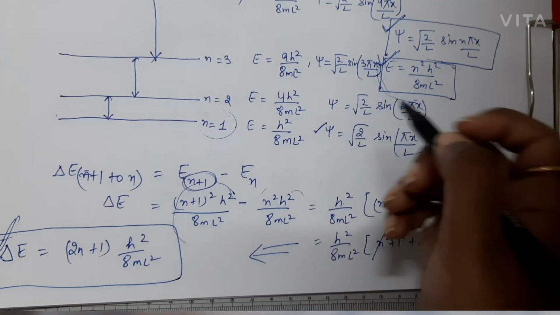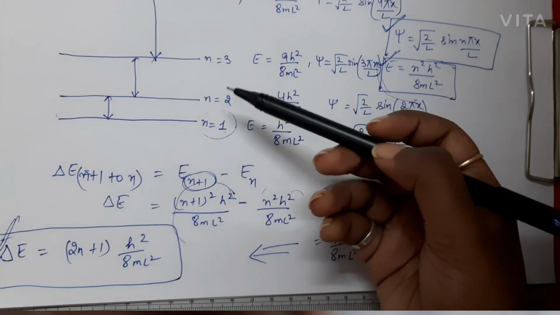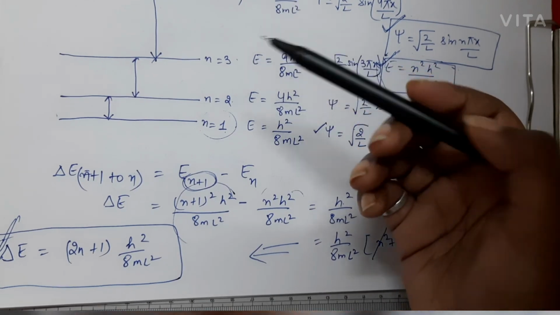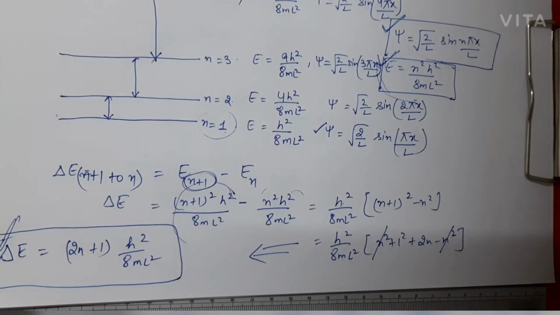First we will discuss the ground state, then the first excited state, then the second excited state, and so on, and we will have a generalized relation for finding these things in any energy state. That way we will get the shortcuts of how to find the maxima, minima or node in any type of wave function in any state. We will discuss that in the next video.